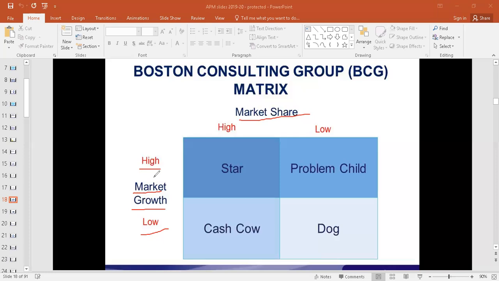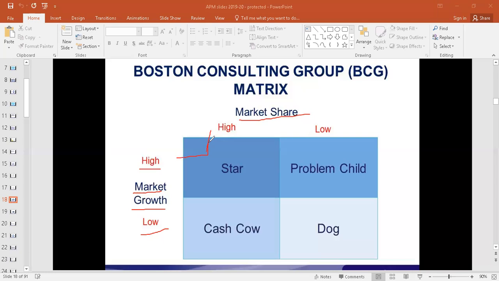So the present is good, and the future also seems good. This combination of high market share and high market growth is categorized as the star category. They fall into the quadrant named Star. They can be considered stars, high achievers with the possibility to grow in the future as well.